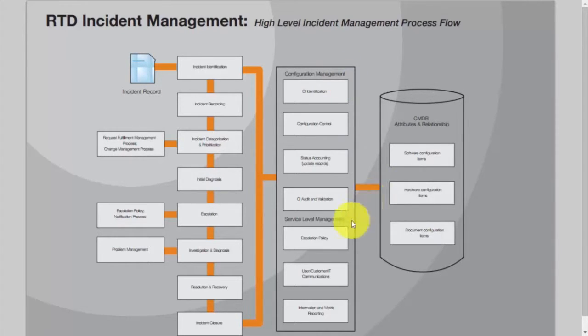It's also directly related to service level management. Incident management technically enables service level management to define measurable response and resolution times to service disruptions. And then these acceptable levels of service are incorporated into service level agreements.